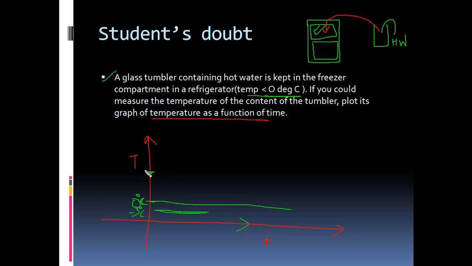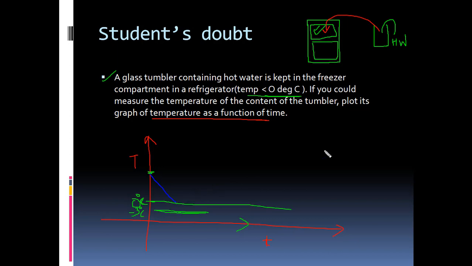So with respect to time, what happens is that as time increases, the temperature of the hot water decreases and it will come to this point, 0 degree centigrade. Now here the picture of latent heat comes into play. You know that at 0 degree centigrade, water converts itself into ice.